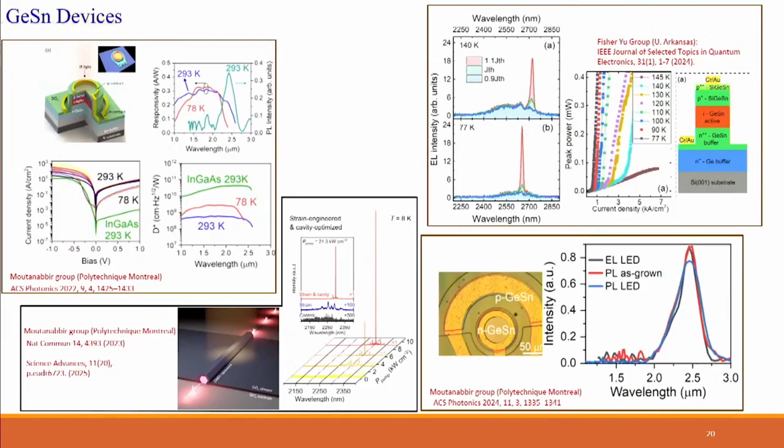So I'll not go into details of the devices. As I said, these are silicon-compatible photodetectors. Again, I would hope the last speaker covers all this today. His group is very active in this. Nanowire-based lasers, these are optically pumped. The Arkansas group is another group which is very active in this. Germanium tin based electrically injected laser, everything is on silicon.